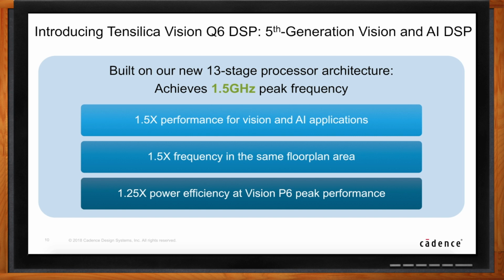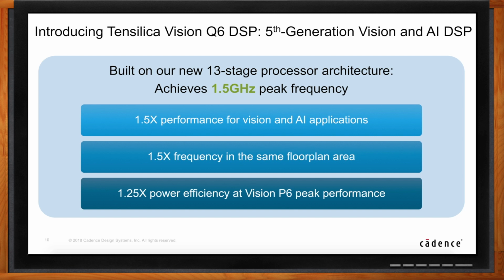Because of that, we are able to achieve 1.5 gigahertz peak frequency. We are also able to achieve 1.5x performance for Vision and AI applications, and 1.5x frequency in the same floor plan. When comparing this performance, we are comparing against our previous generation Vision P6 DSP.